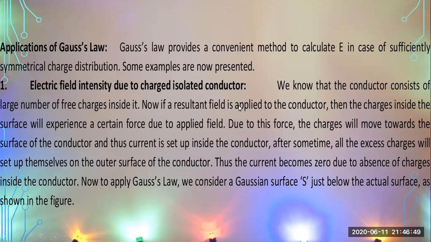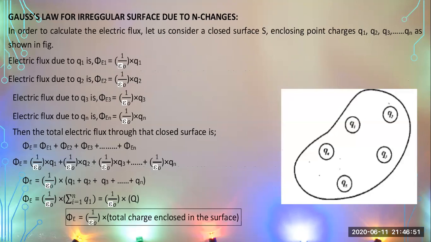During this class, what we have done is calculate electric flux due to an irregular surface by using Gauss's law. We have done some mathematical steps by following the same technique which we discussed during the mathematical form of Gauss's law.